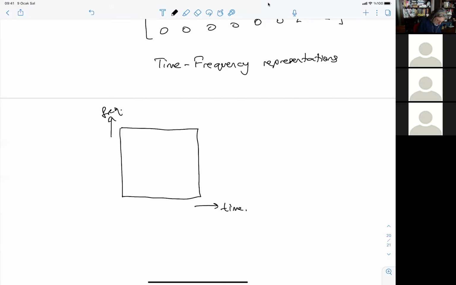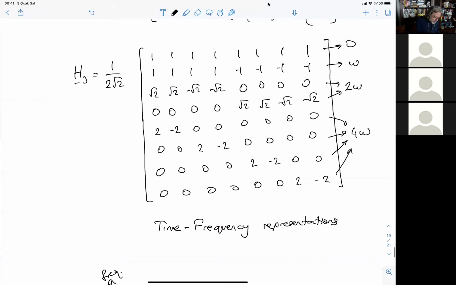The first one will have quite an ideal frequency resolution, which corresponds to the DC. Omega is equal to 0. The first row will give you that.